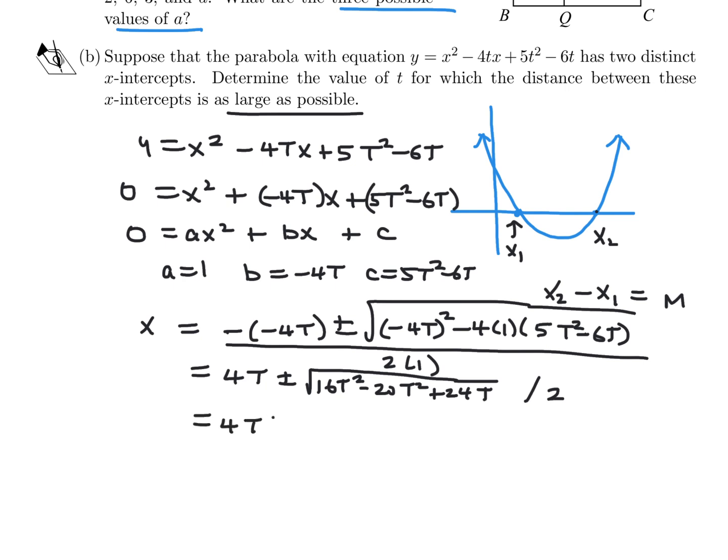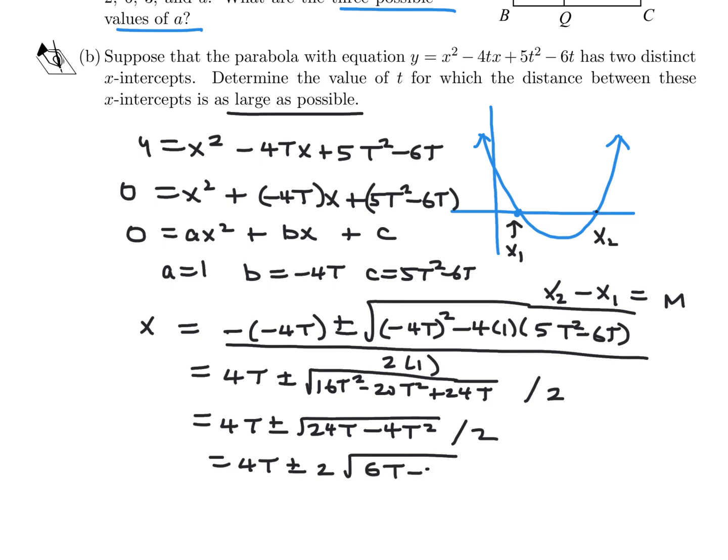So 4t plus or minus, so this will be 24t minus 4t squared. And then 4t, so I guess you can factor out a 4. And when you kick it out of the radical sign, it'll be a 2. And then what's left under the radical would be 6t minus t squared, I believe. Yeah, and then that's all over 2.